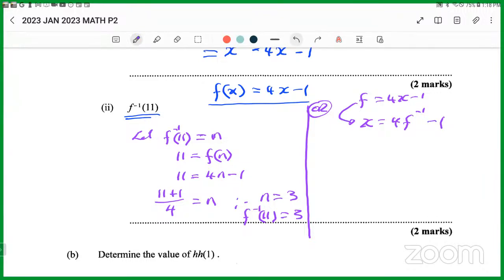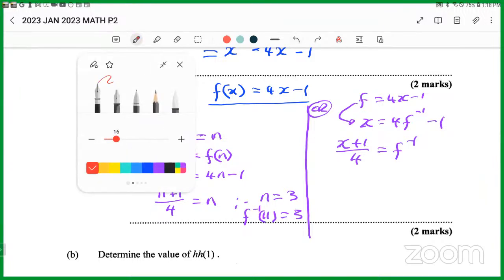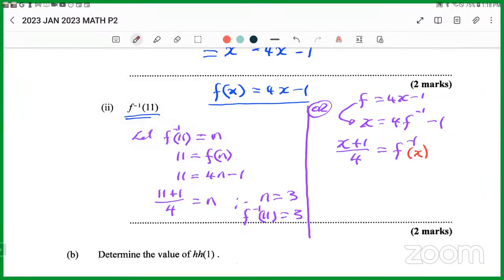Which means we're going to take this 1 and bring it over here first. We get x plus 1, and then this 4, we're going to take it under and put it here as a 4. That leaves us with f to the minus 1 of x. But you're trying to find f to the minus 1 of 11.